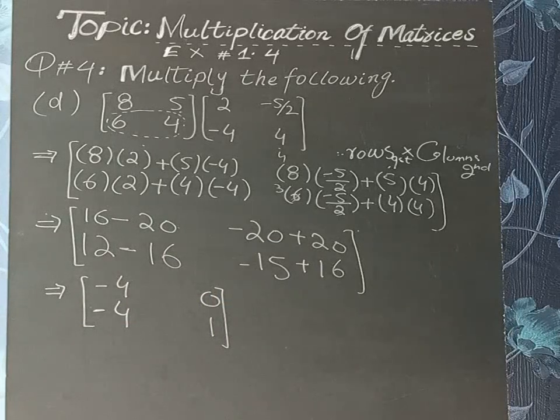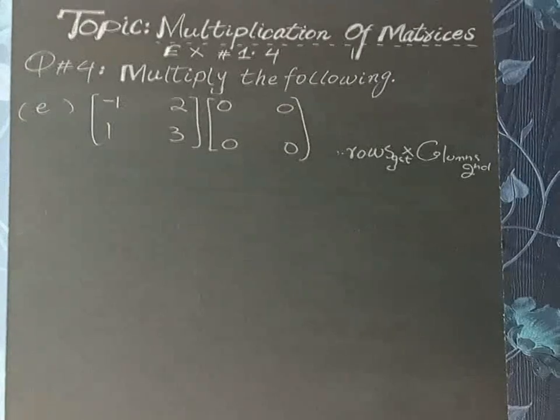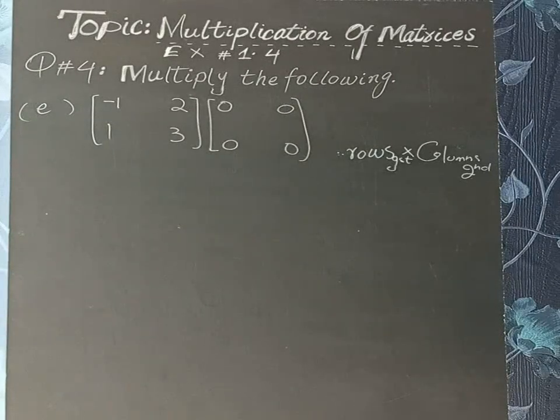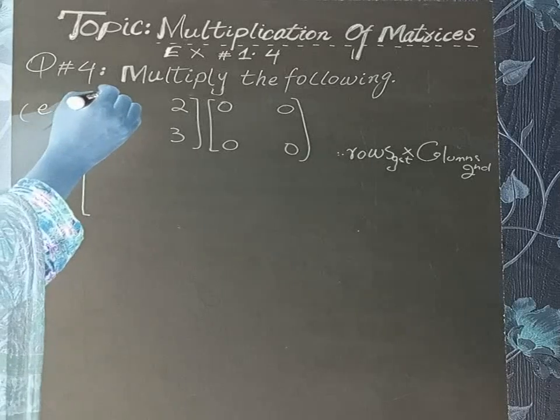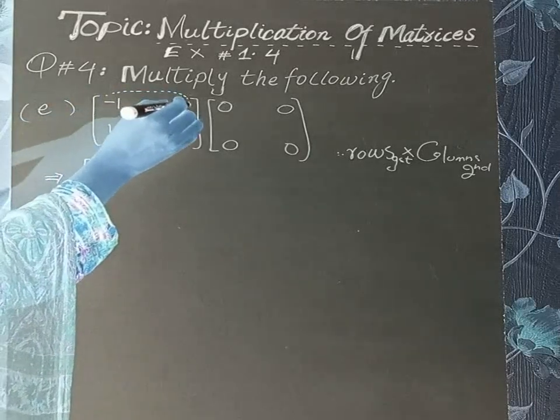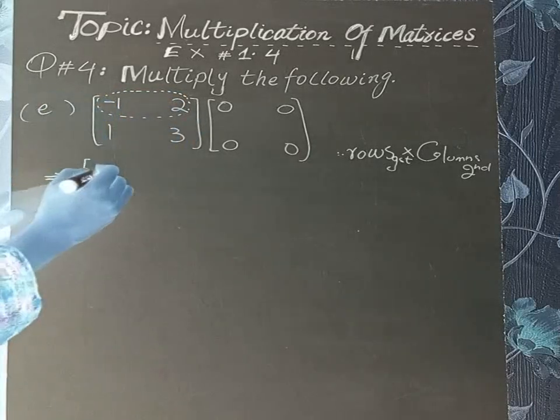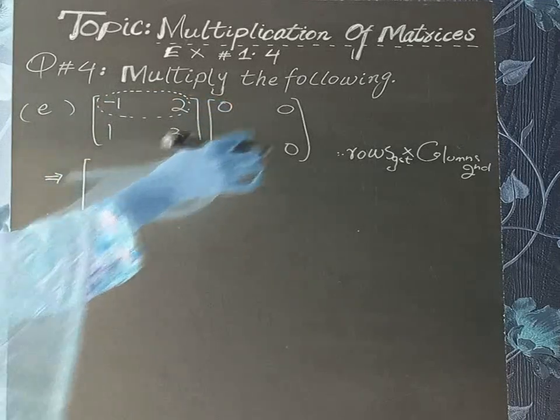So the last part we are going to solve. That's very easy. Okay guys, the last part we are going to do here. The rows of the first matrix, minus 1 and 2, will be multiplied by 0, 0 then 0, 0.